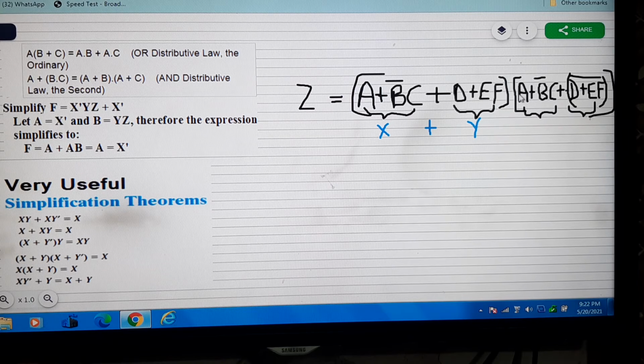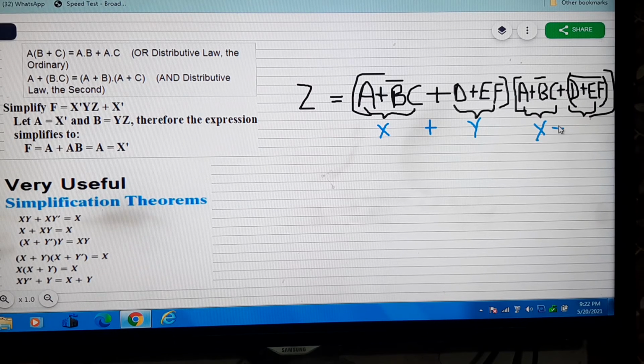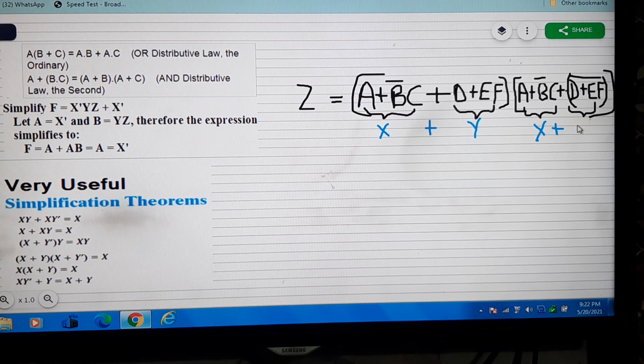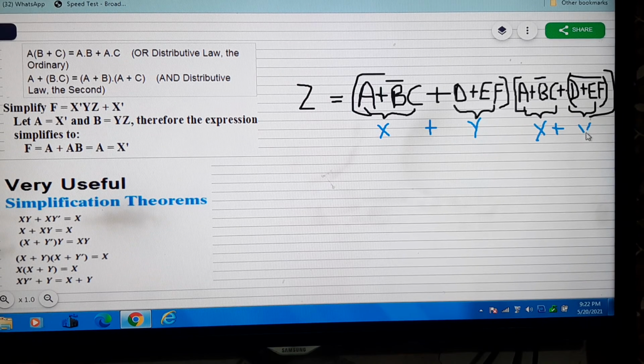Here again we have a plus b bar c, which we have already assumed to be x, so write it as x, plus d plus ef whole bar, which should be assumed as y bar or y prime.